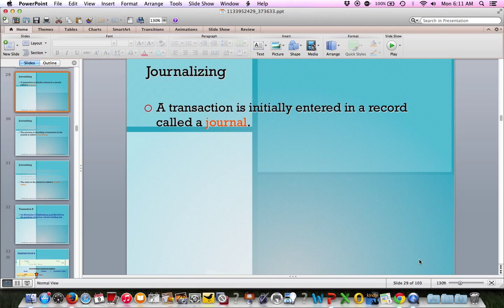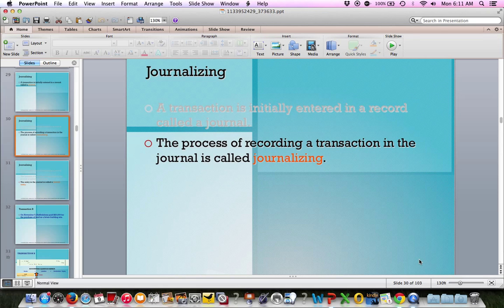Okay, so I told you what a journal was, and we're going to then basically record transactions as they happen. We have some evidence that a transaction happened, typically some source document, if it's a receipt, an invoice, a bank stub, a bank statement, a bill that comes in the mail that we're going to pay.